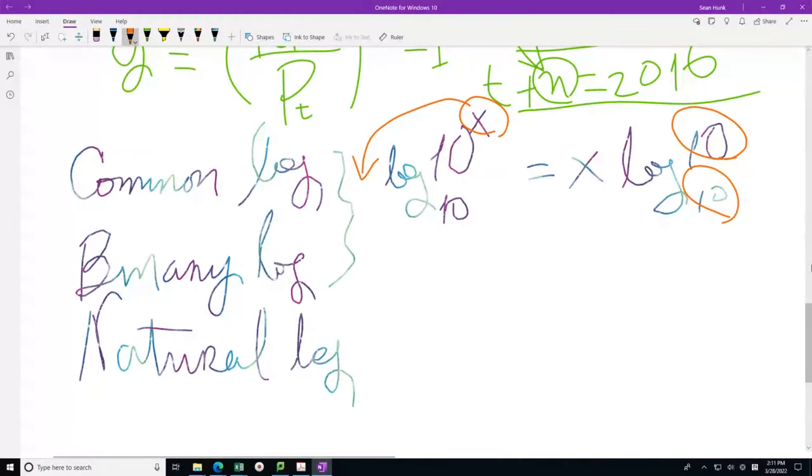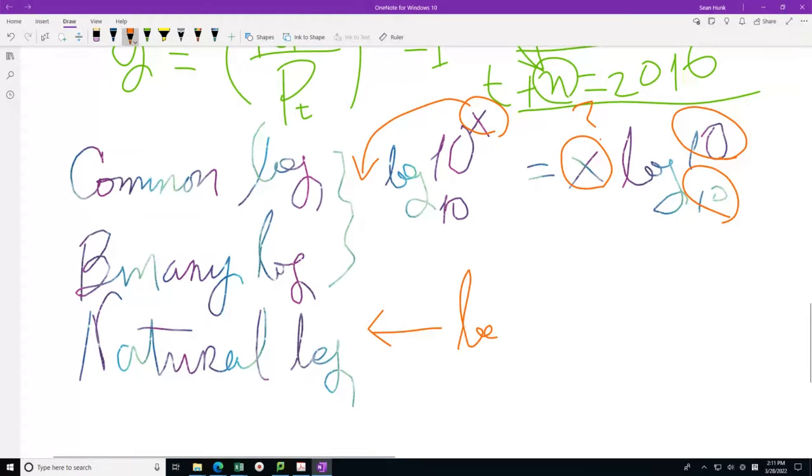It's not easy to visualize what this might be, right? So we need something other than common log or binary log. The third thing we were talking about was natural log, and I told you natural log uses Euler's number.